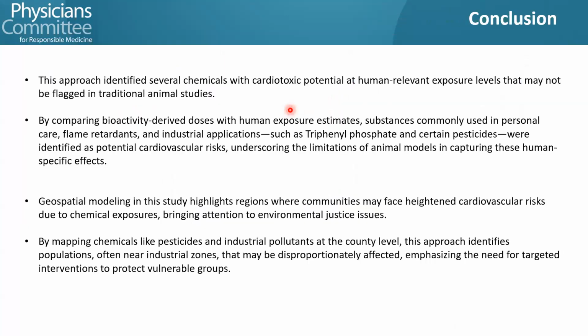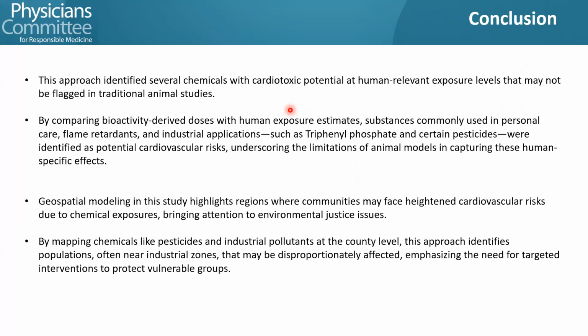And now the conclusion. By utilizing this NAM-based workflow, we have identified several chemicals with cardiotoxic potential at human-relevant exposure levels that may not be flagged in any of the traditional animal studies.